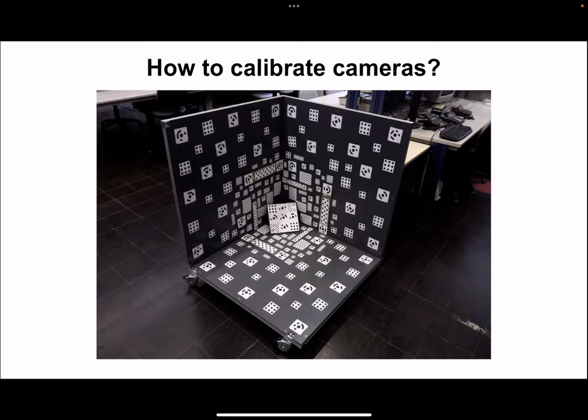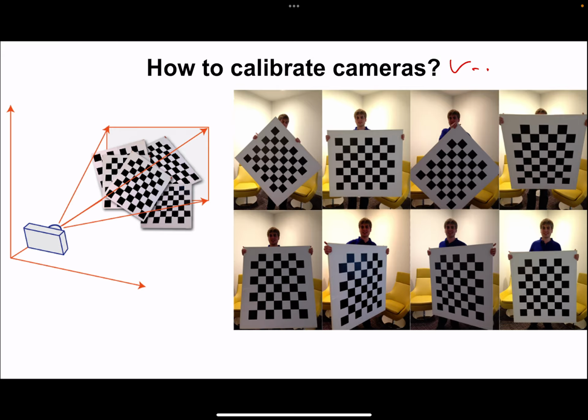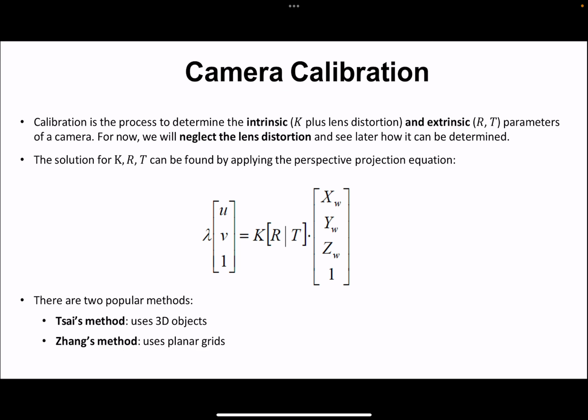Holding a checkerboard in front of some cameras makes sense, but a camera behind me cannot see the checkerboard. So what people typically do in this kind of hemisphere capture studio is use a 3D object. They make a 3D object like this, or some other shaped 3D object, to calibrate the cameras. They just put this 3D object in the hemisphere studio, and then the camera calibration algorithm automatically gives us the intrinsic and extrinsic parameters. So this is for a casual setup, and this is for an extensive setup.